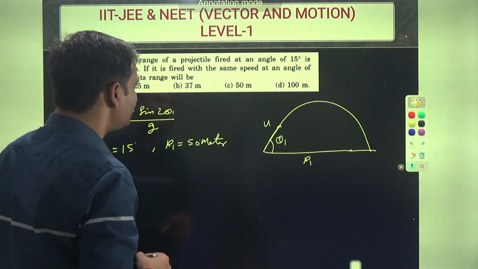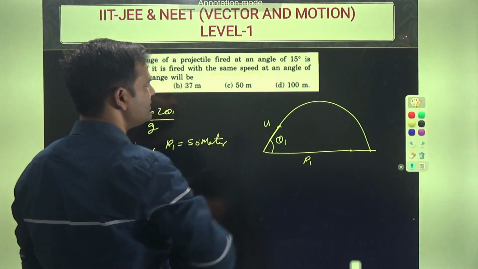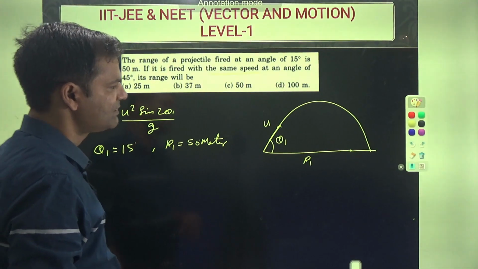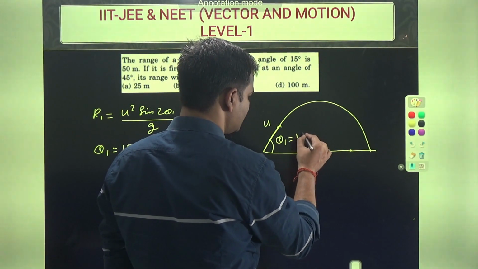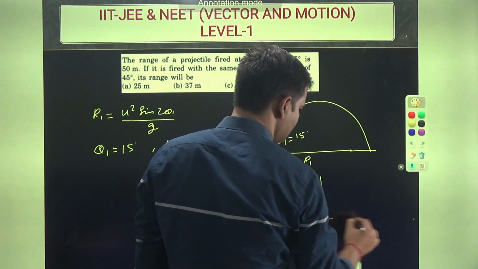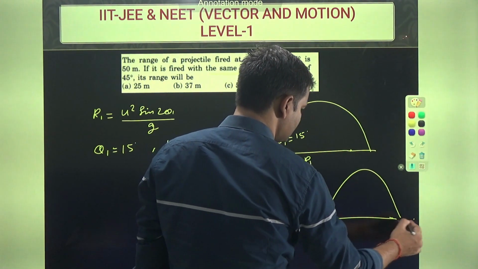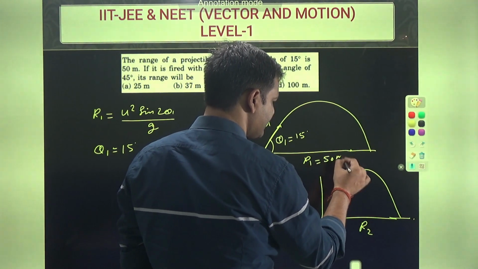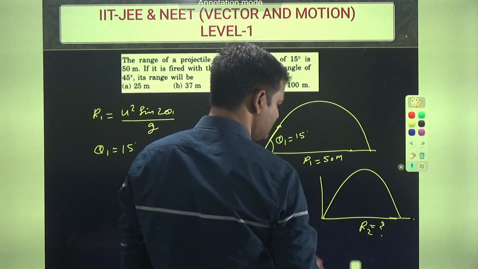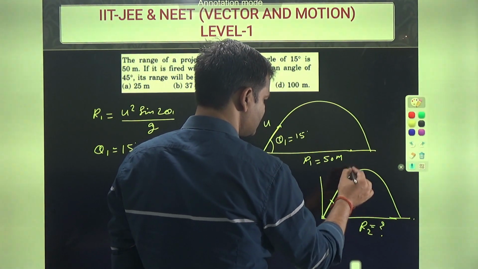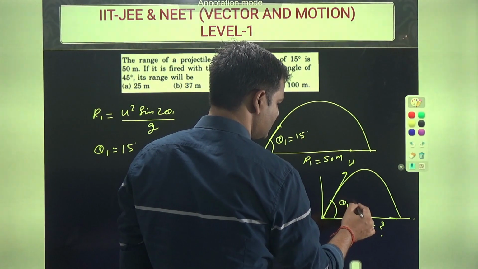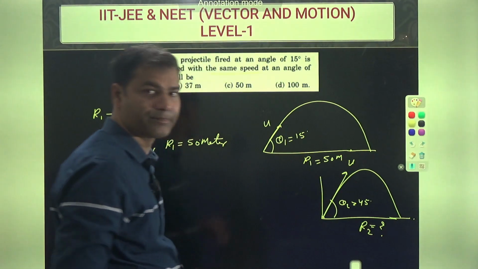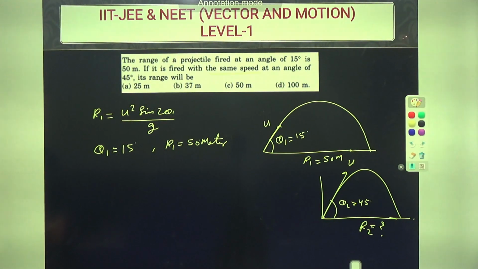If it is fired with the same speed at an angle of 45 degrees, it means that if this one is 15 degrees, now for the second, with the same velocity u, we have to determine R2, and theta 2 is 45 degrees.